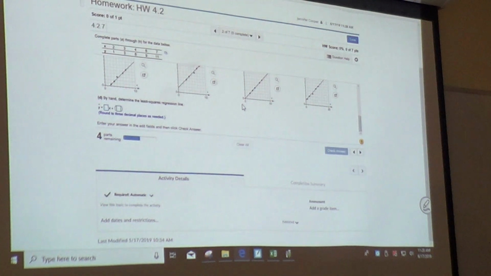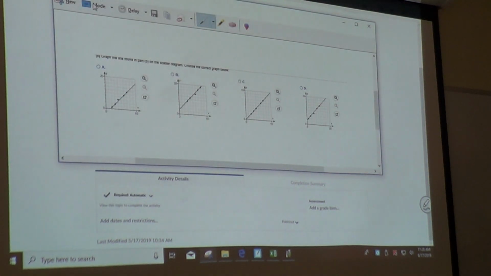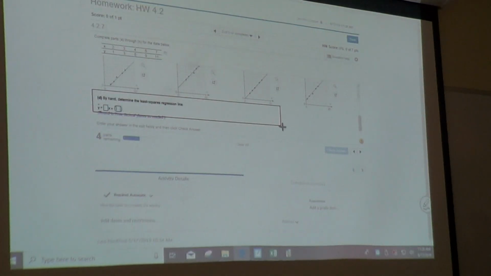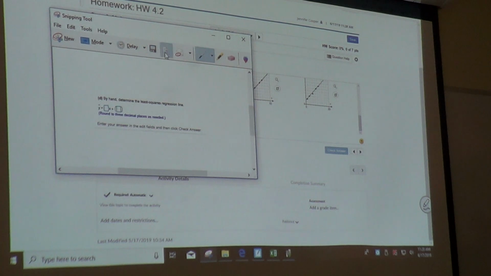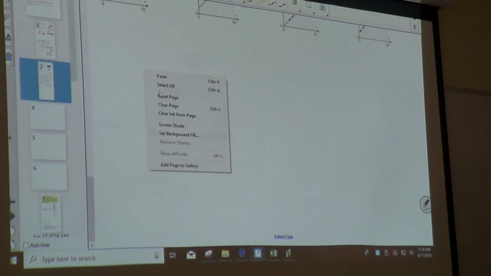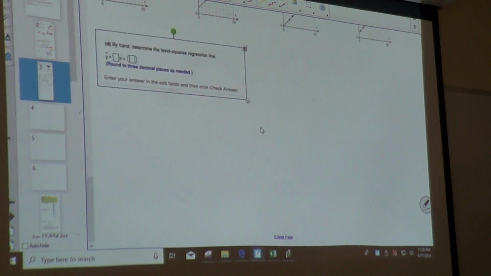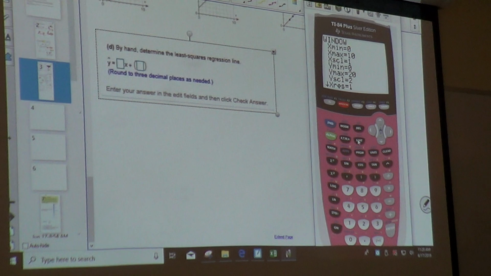So, I'm going to go to my calculator. First, I'm going to flip this over so y'all can have everything step by step. I'm going to pull this over, copy, pull down, paste. Now, I already have my data in there. Remember, we already have our data in there.